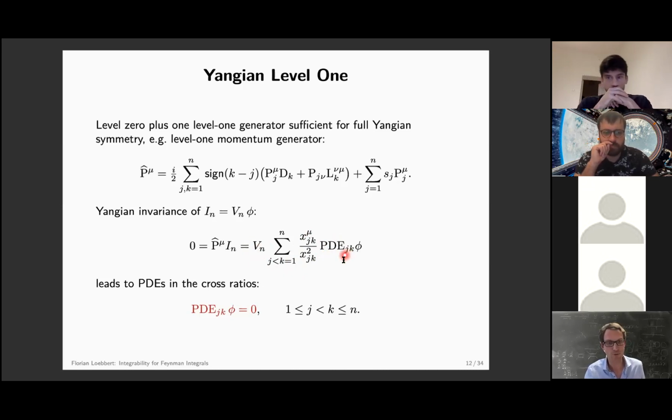And at least up to a certain number of points, up to 6 points, one can argue that these differential operators annihilate this conformal function on their own. And like this, we can relate this Yangian invariance condition to a set of differential equations.